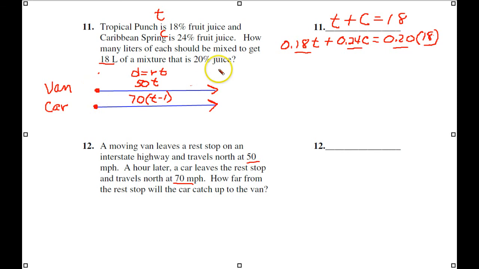And what they're wondering is, when will they catch up to each other? And how far would they travel? So for this, we're using the basic formula distance equals rate times time. And what do we know? Well, can you see that the distance is going to be the same? So basically we are having here, let me write it over there for you.